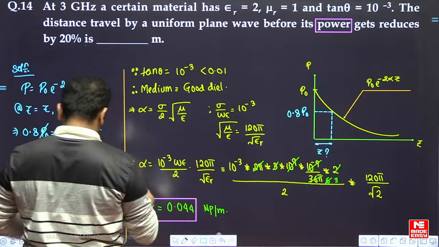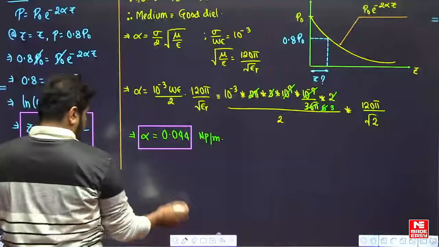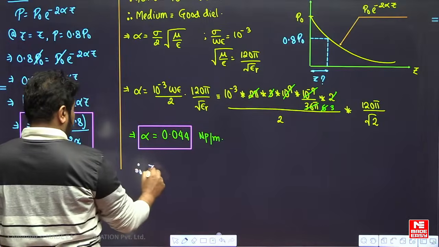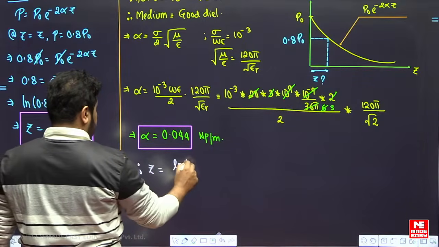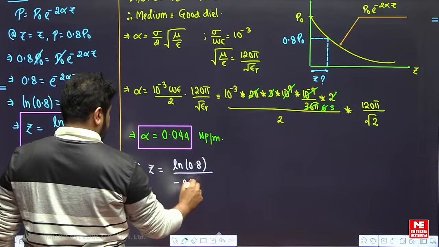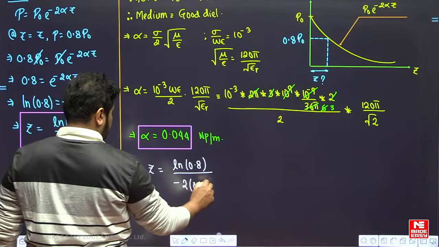Alpha is known, okay. So once alpha is known, directly we can find the value of z. So z is equal to ln 0.8 divided by minus 2 times 0.044.